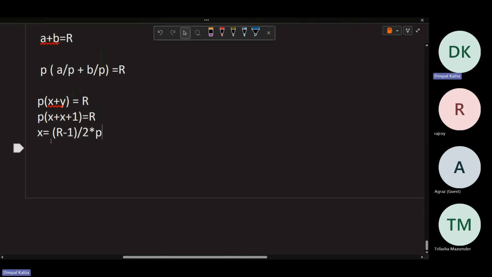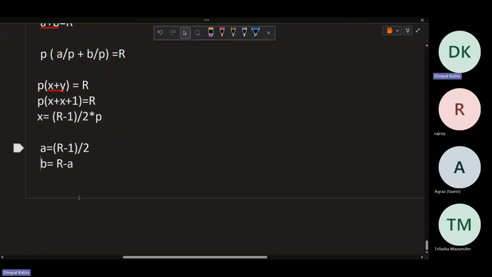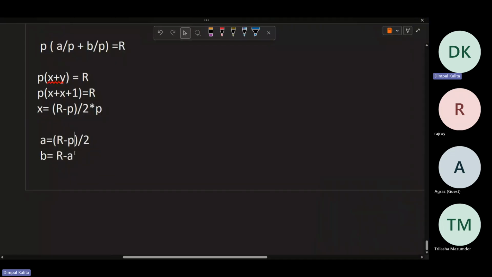Okay, so if I know X, I can find A and B, because A by P will be from this equation. So A will be R minus 1 divided by 2, and B will be the total sum minus A. Sorry, not R minus 1, R minus P. P is the GCD of A and B, so the GCD will be a divisor of R only.